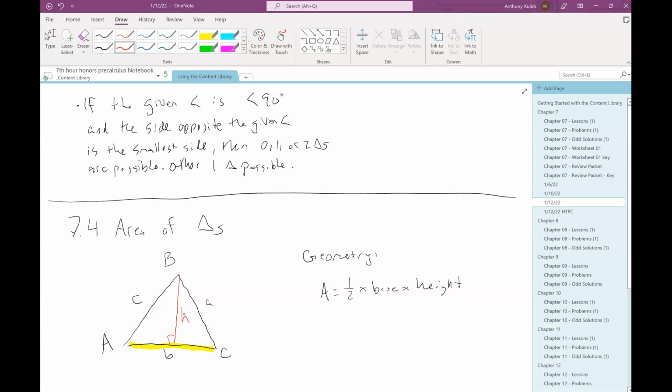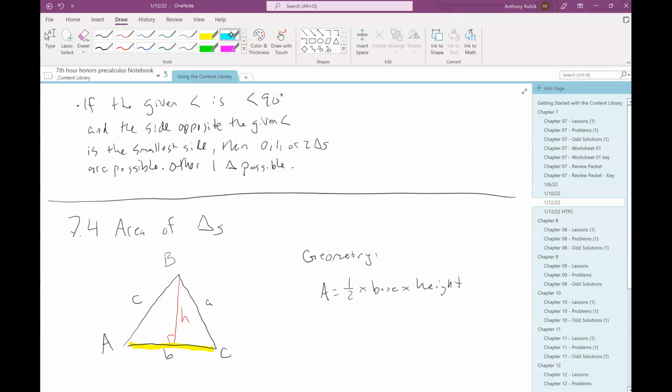Now, what's the problem with this if we just have an arbitrary triangle? h isn't one of the sides, right? So that's kind of a hassle. If we have a solved triangle, or a triangle where we know a little bit of information, we can solve and get all the sides and angle measures, but then what do we do with h?